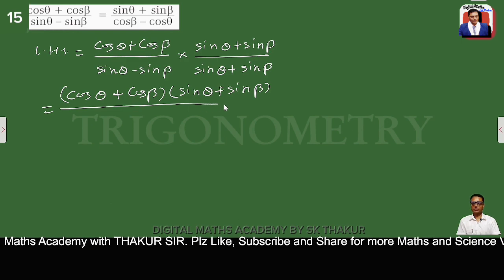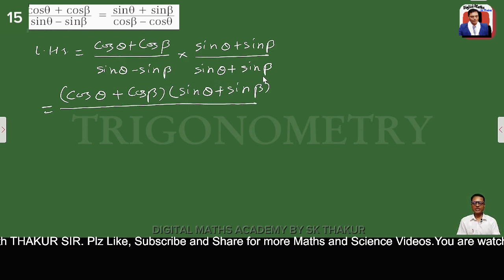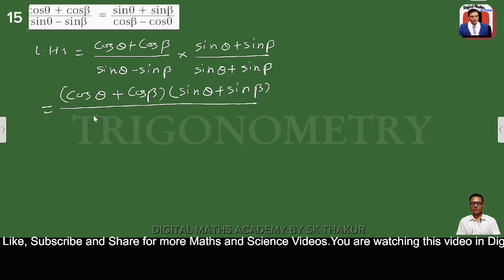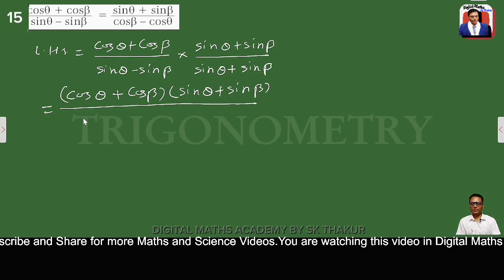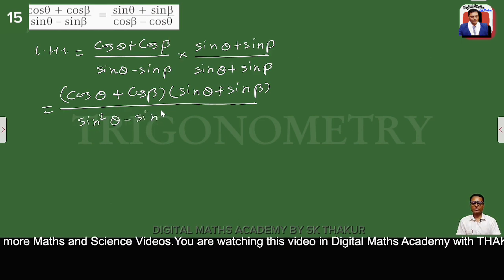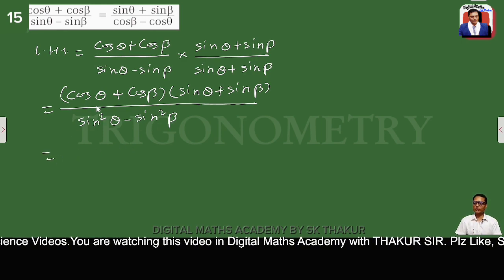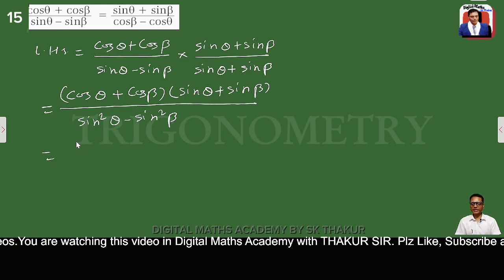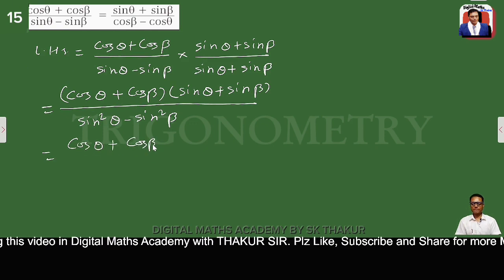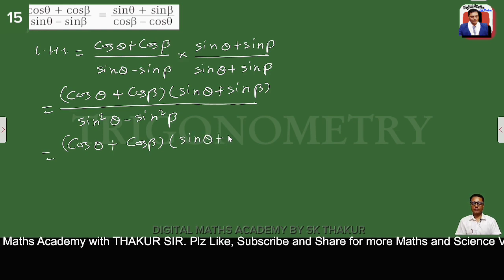At the denominator we see (sinθ − sinβ)(sinθ + sinβ). That is in the form (a − b)(a + b), so we write a² − b², that is sin²θ − sin²β. The numerator has no change, so we write (cosθ + cosβ)(sinθ + sinβ).